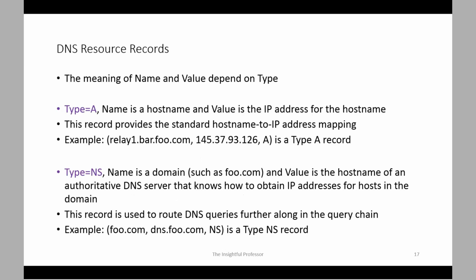The meaning of name and value are dependent upon the type of record. For example, type equals A. In that case, name is going to indicate the host name, and value is the IP address for that host name. Where type is equal to NS, then name refers to a domain, and value refers to the host name of an authoritative DNS server that knows how to obtain IP addresses for hosts in that domain.